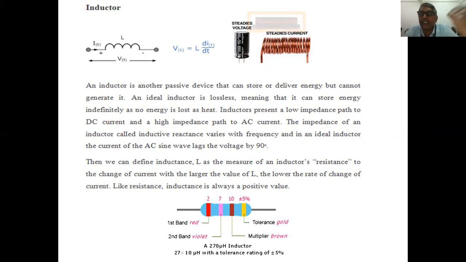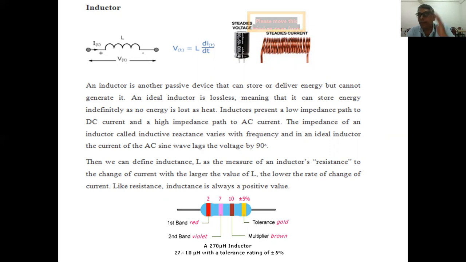If there is a constant flow of the voltage or potential difference, then it stores that energy. It is identified by the symbol L, and the unit is Henry. Here also the same method is used to know the value of the inductance.